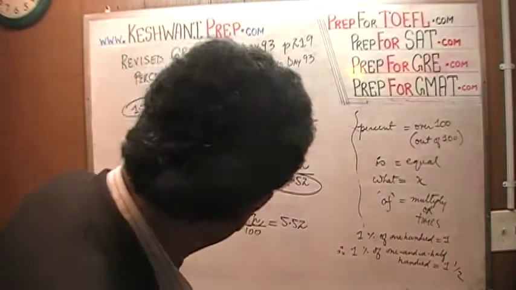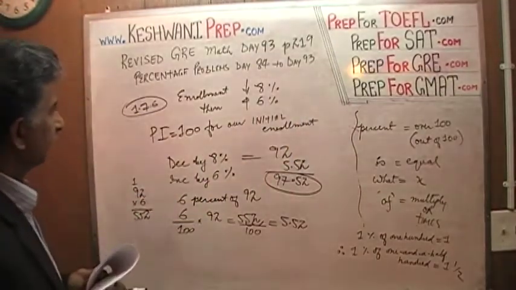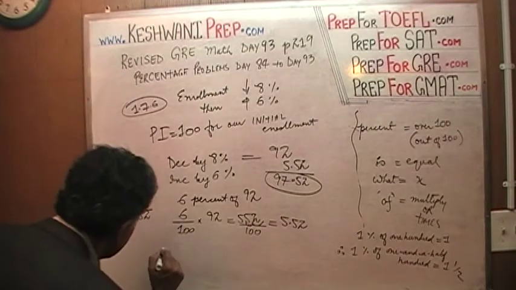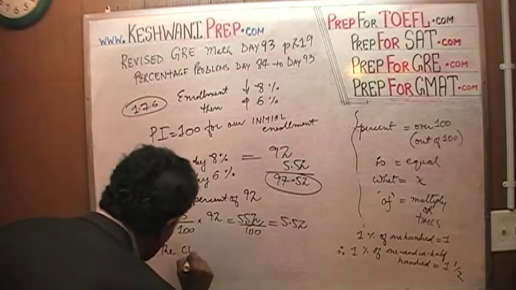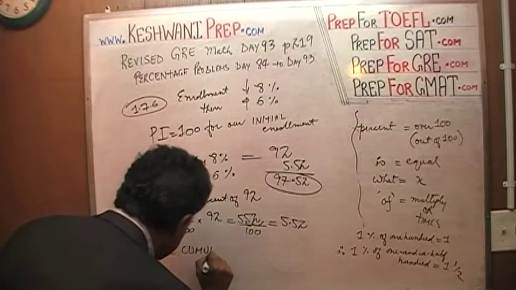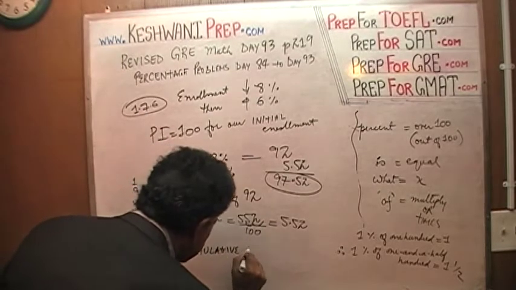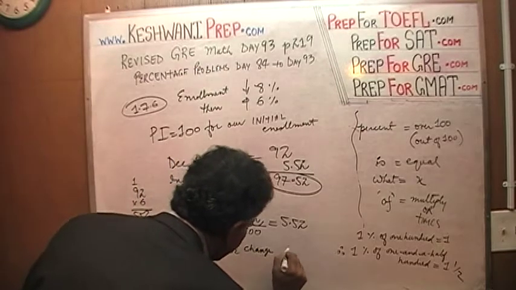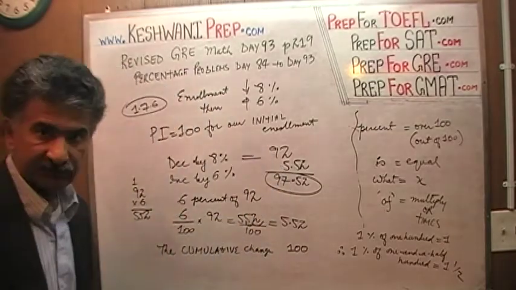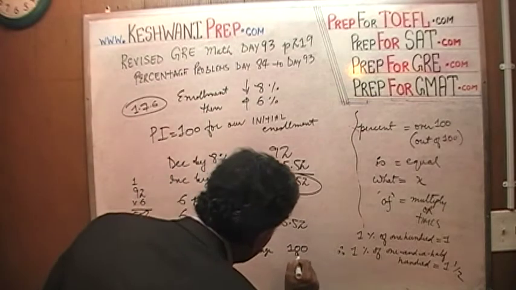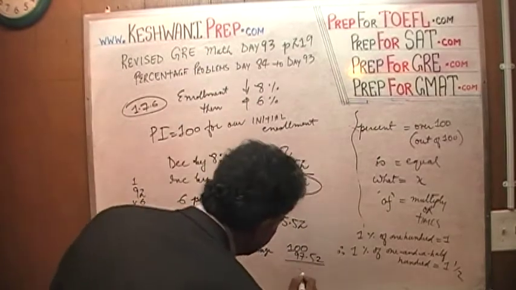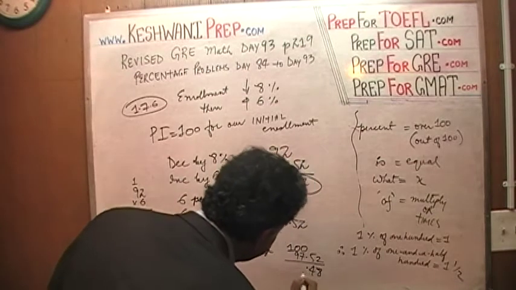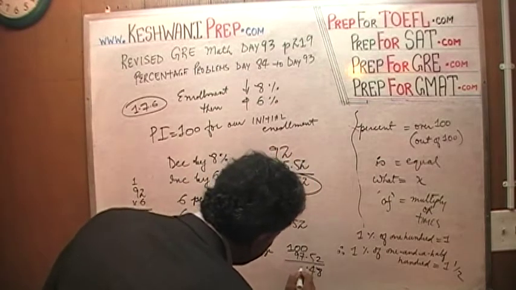But that's very easy. The change, or as they put it, the cumulative change, is simply what we started out with, which is 100, minus what we ended up with, 97.52. 8 minus 2 is 6... that is, 100 minus 97.52 is 2.48.